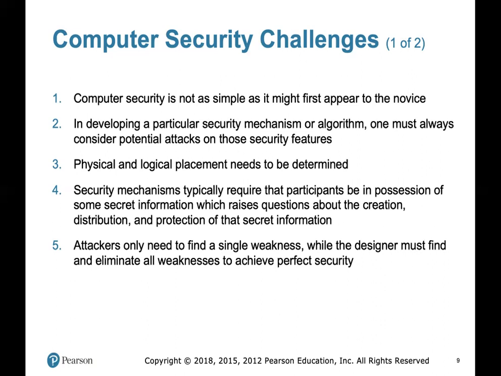In developing a particular security mechanism or algorithm, one must always consider potential attacks. We should always be thinking about potential attacks on all of those security features. If you remember, we talked about five security features. We should be considering every single security attack on all of those features if we want to make our computer system secure.